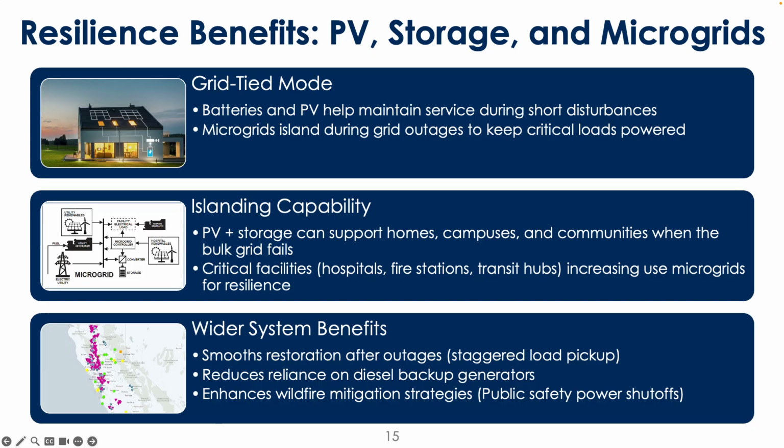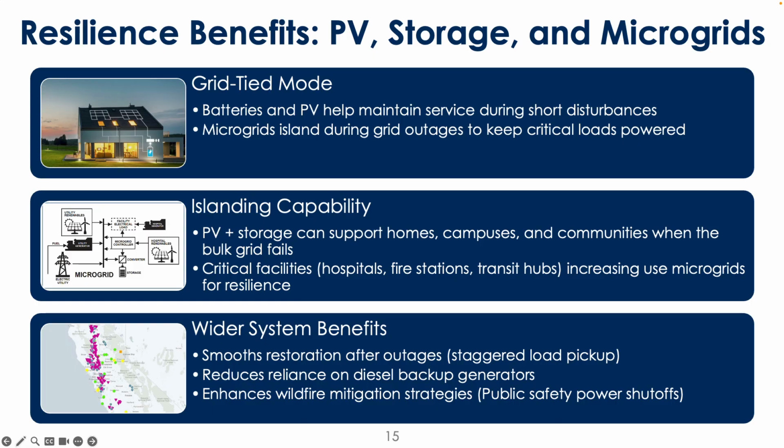There are also wider system benefits besides just having this islanding capability. You can accelerate restoration after an outage. It can reduce reliance on other forms of resilience that are, let's say, dirtier, like diesel backup generators.